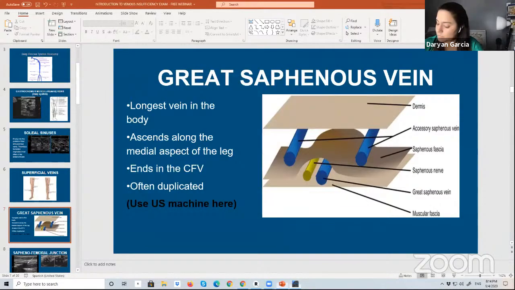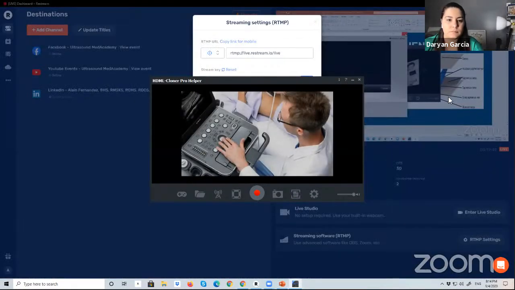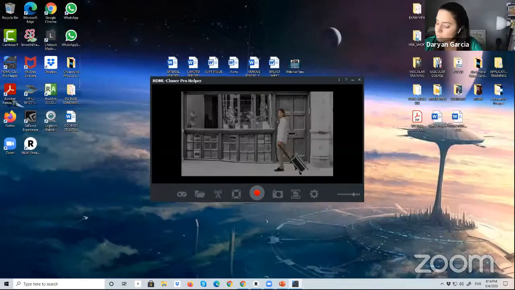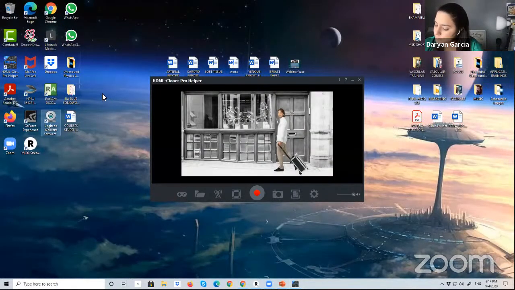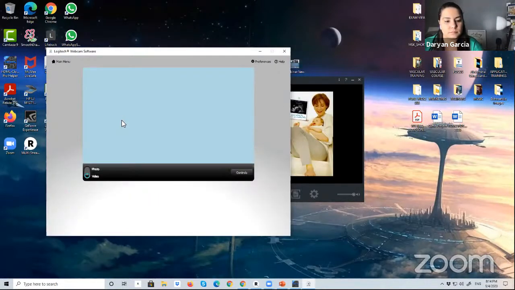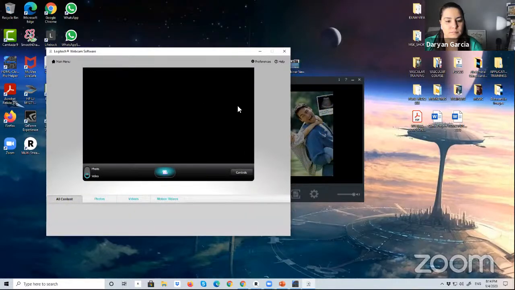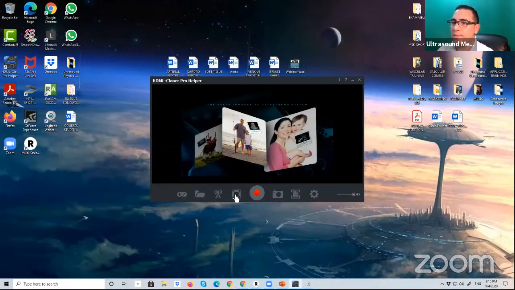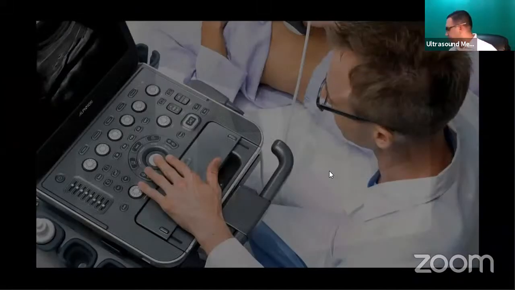It seems like my other webcam is making a conflict with the one I'm using for Zoom. But anyways, I'm just going to show this system.